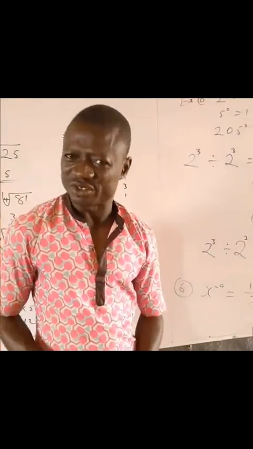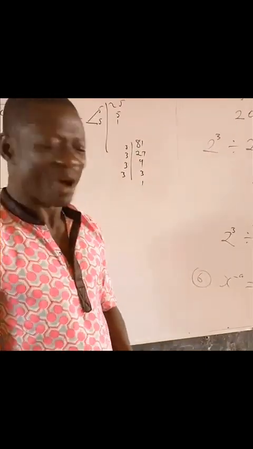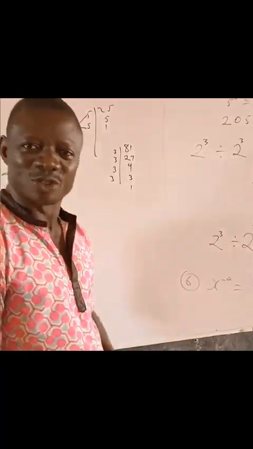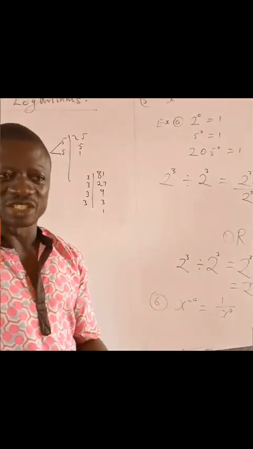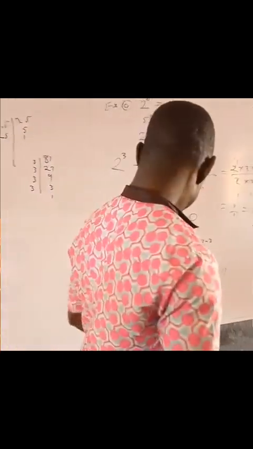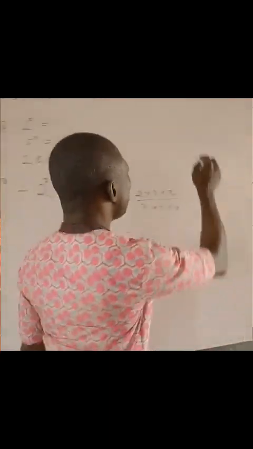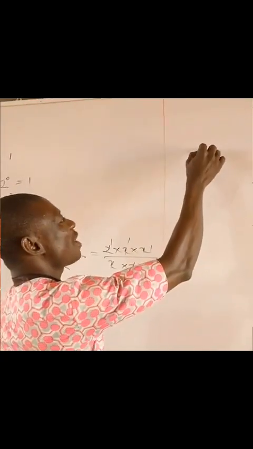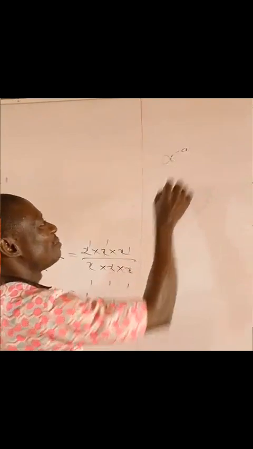Assuming this is not logical to you, how can I draw the dividing line and allow the negative sign to go? Where has this negative sign gone to? Take this approach as what can also serve as a logical approach. Consider x to the power a to be a whole number.